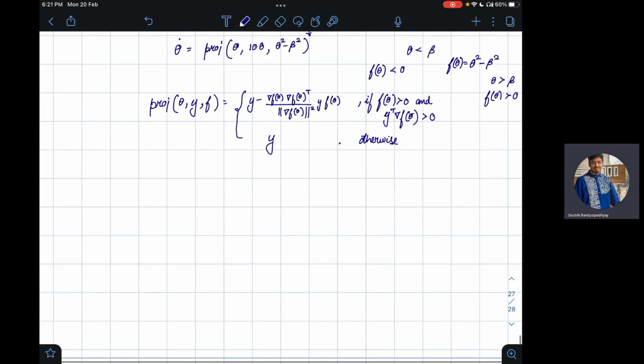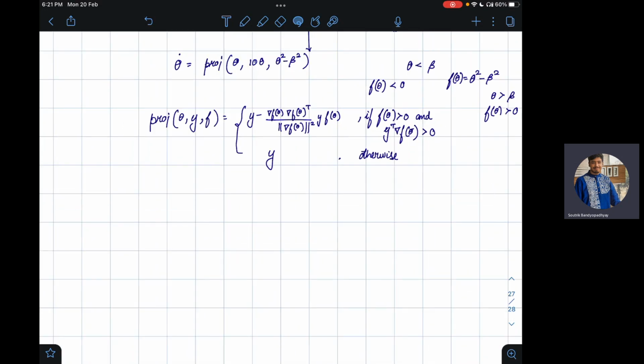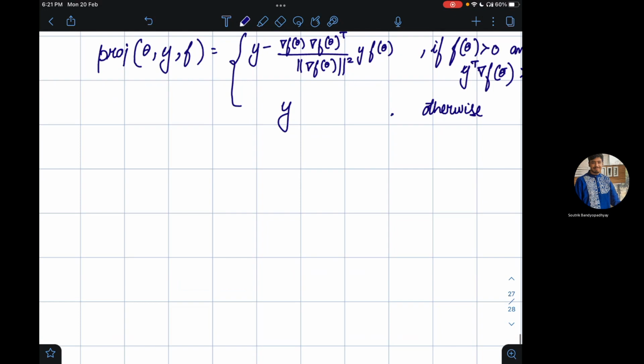So let's look at this projection law for this trivial example. Let's first compute the gradient of f.